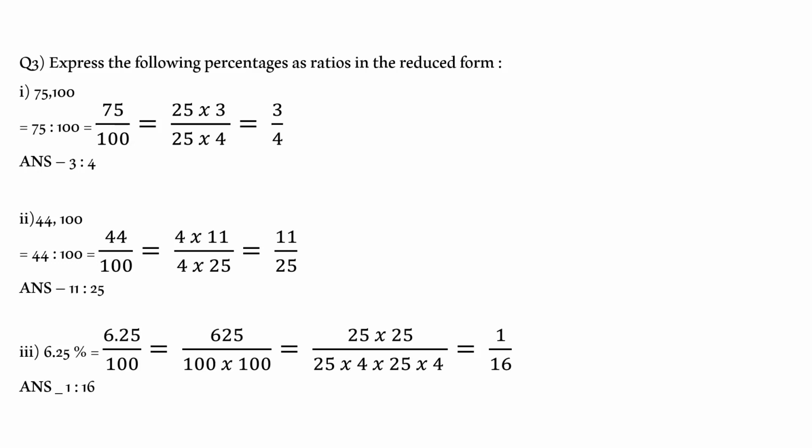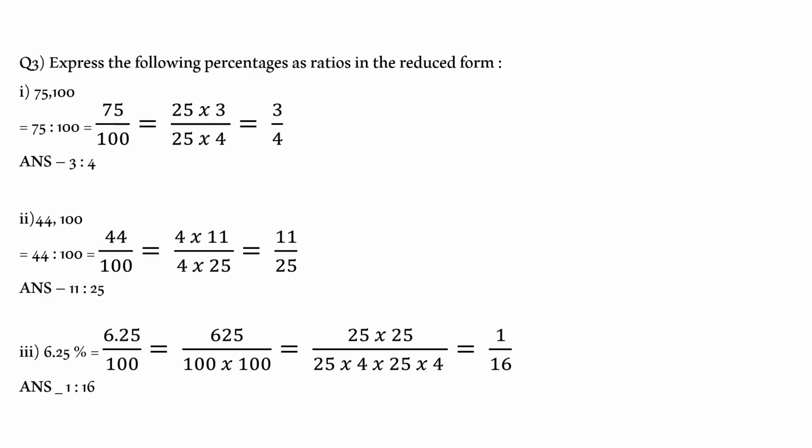Ratio is nothing but fractions, and fraction is nothing but numerator upon denominator. 75 is to 100 is equal to 75 upon 100, which is equal to 25 multiplied by 3 upon 25 multiplied by 4. 25 in the numerator and 25 in the denominator get cancelled, and we are left with 3 upon 4. Our answer is 3 is to 4.